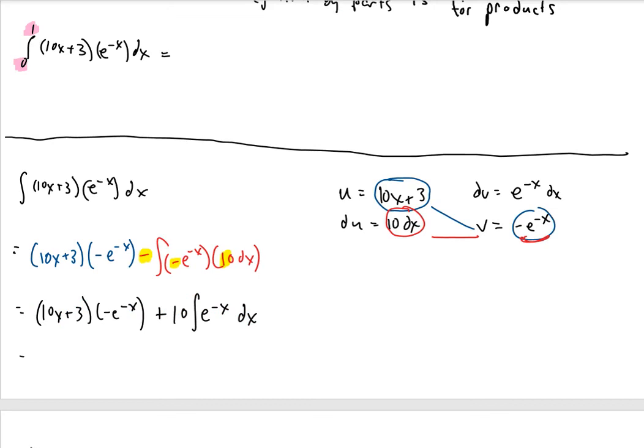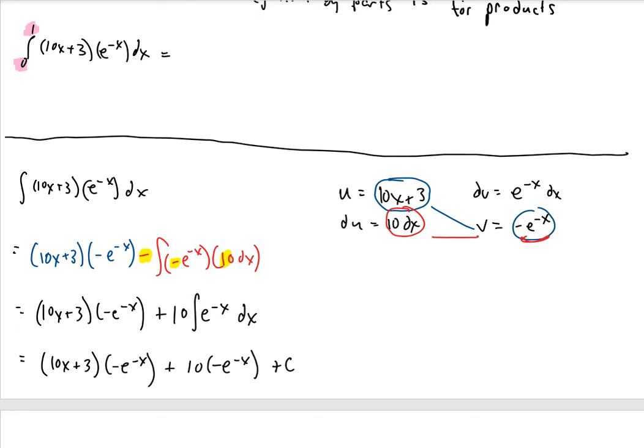So this is 10x plus 3 times negative e to the negative x plus 10 times negative e to the negative x, just like that. And again, if it was an indefinite integral, we would have plus c at the end. But we're going to come back to it and plug it all in without it, because we're going to plug numbers in. Let's also do one thing as simplifying.